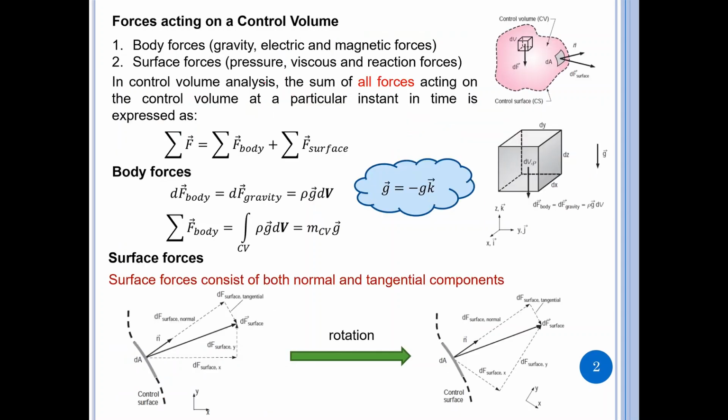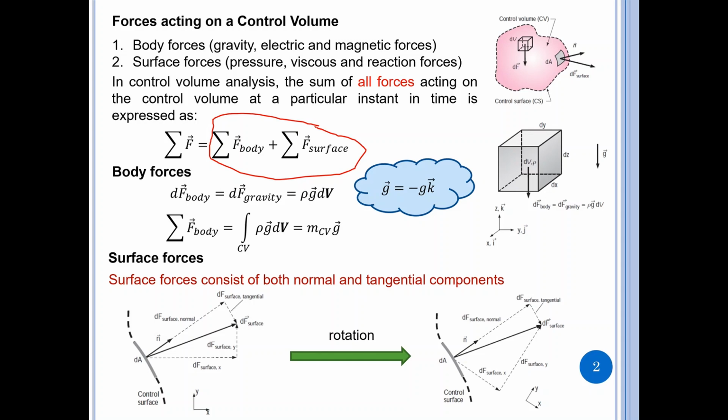As you know, for a control volume there can be two kinds of forces: body forces and surface forces, and the sum of these two will be the total force acting on our control volume.